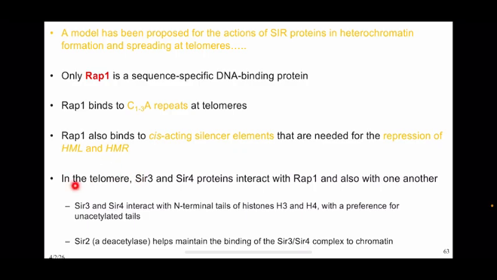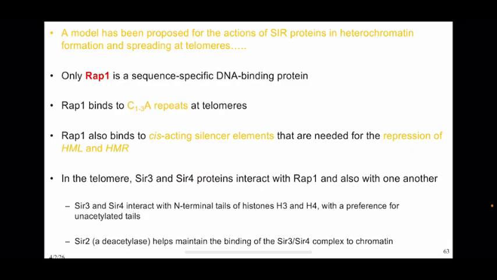In the telomere, cell3 and cell4 will interact with RAP1 first before the cell2 proteins are recruited. So cell3 and cell4 come in and interact with the N terminal of histones 3 and 4, specifically for unacetylated tails, because we know unacetylated tails favor heterochromatin formation.